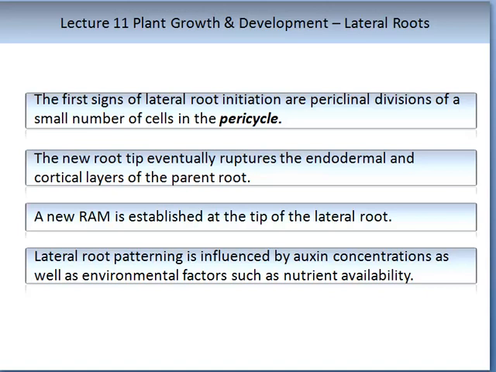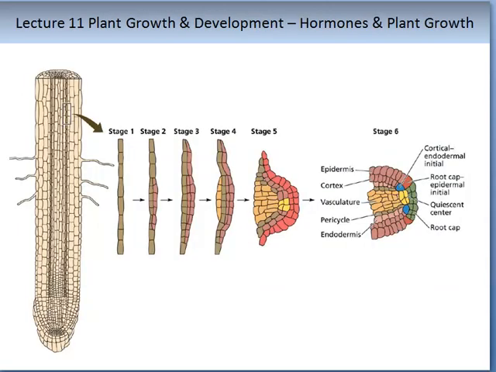Lateral root patterning is influenced by auxin concentrations as well as environmental factors such as nutrient availability and soil moisture. On the slide you will see a visual representation of root development and the number of processes that we have described. These can be separated into 5 distinct stages.